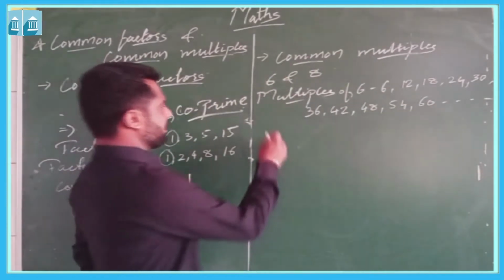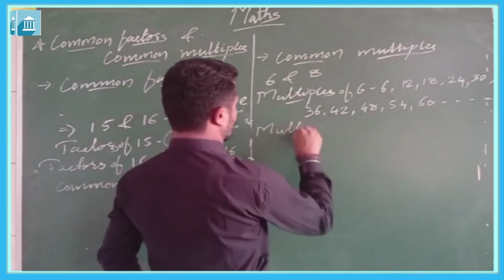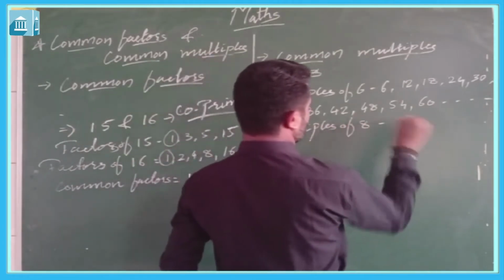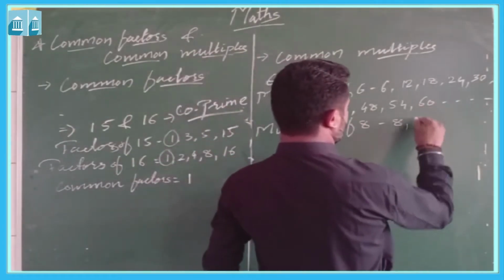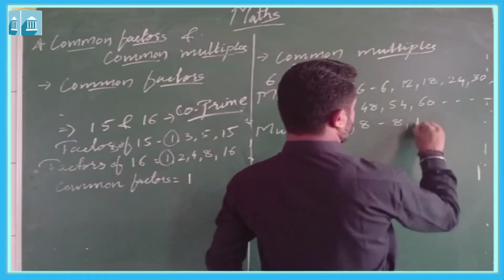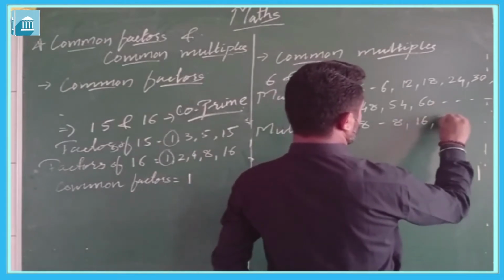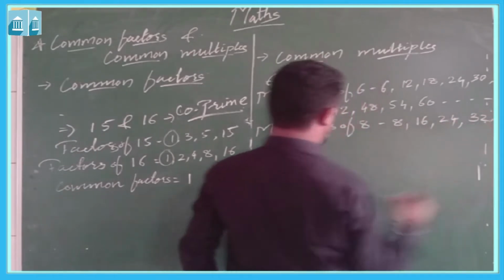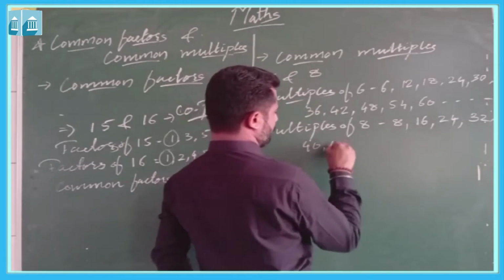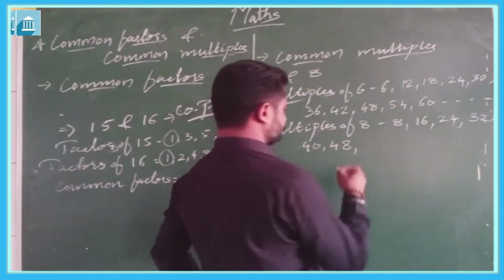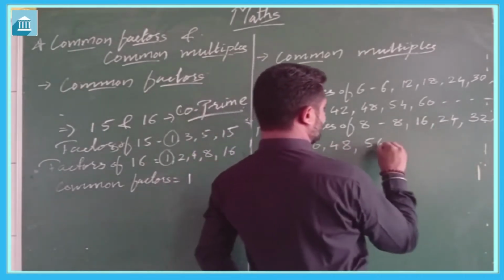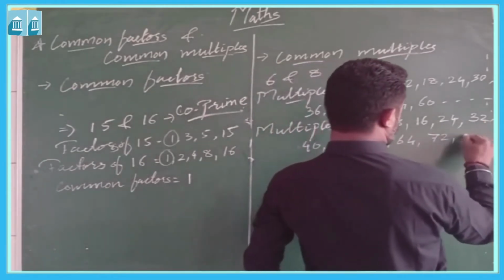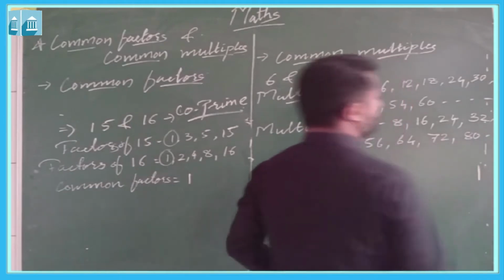The same way multiples of 8 are 8, 16, 24, 32, 40, 48, 56, 64, 72, 80 and so on.